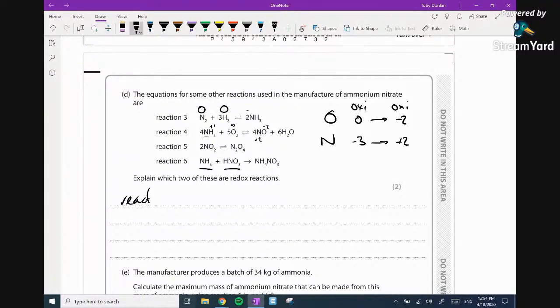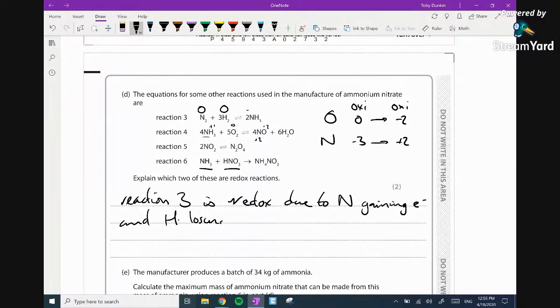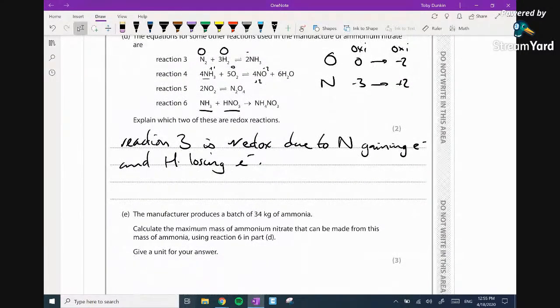Reaction 3 is redox due to nitrogen going to a -3, gaining electrons, and hydrogen losing electrons. I'll do it properly in an exam, by the way. I'm just realizing I don't want to make this longer by having to write all this.